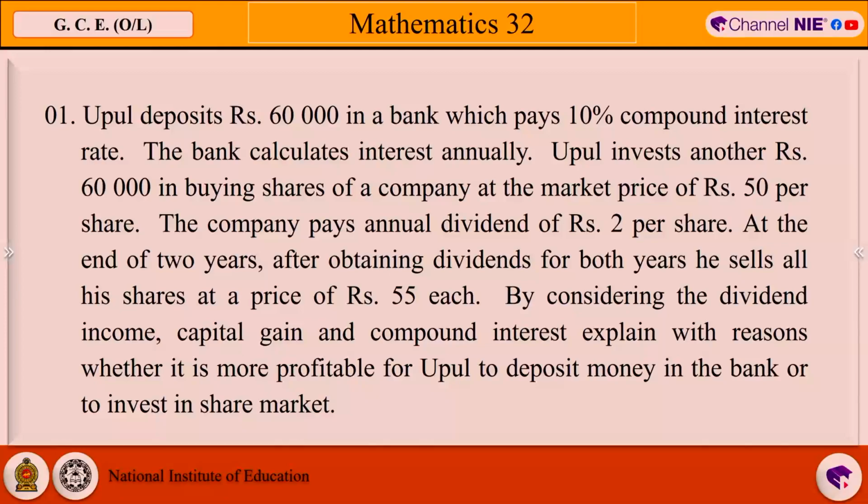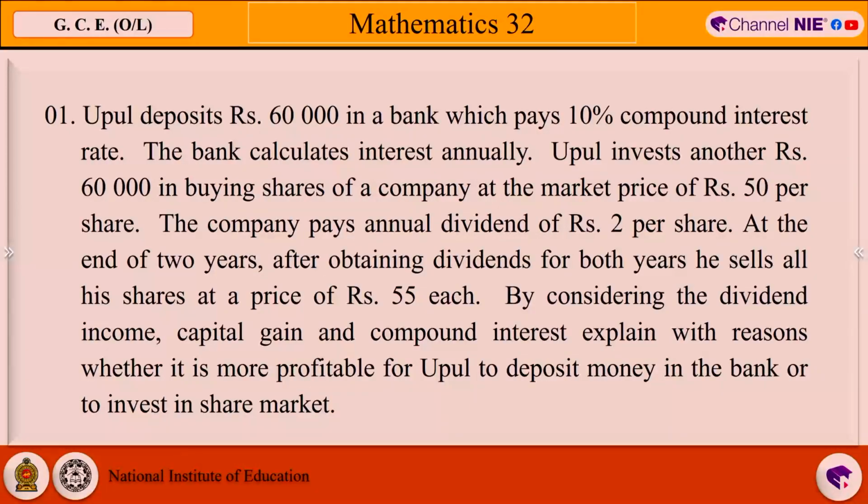Okay, read the problem. Upul deposits 60,000 rupees in a bank which pays 10% compound interest rate. The bank calculates interest annually. Upul invests another 60,000 rupees in buying shares of a company at the market price of 50 rupees per share. The company pays an annual dividend of 2 rupees per share.